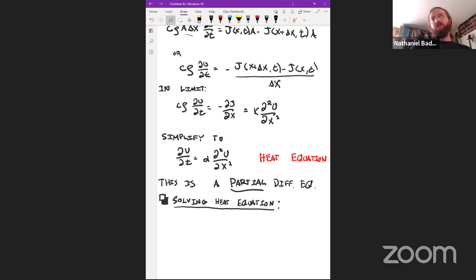The way that we solve the heat equation is, well, we go back to our tactics from before. There's a lot to be said about solving the heat equation, but a first crack is to use separation of variables.